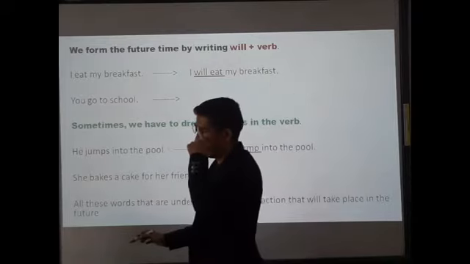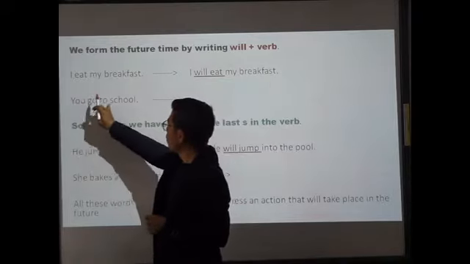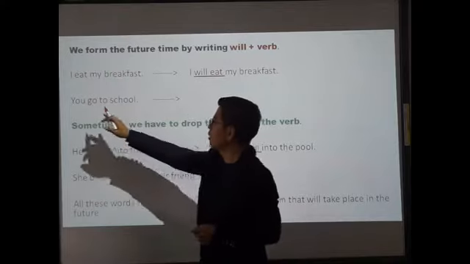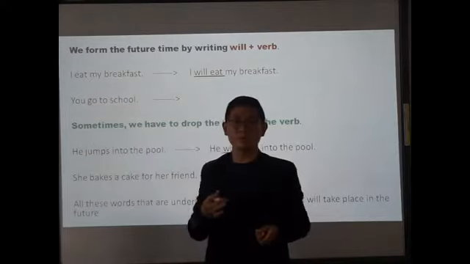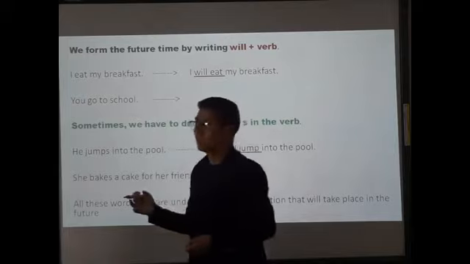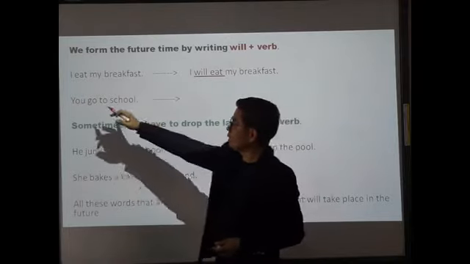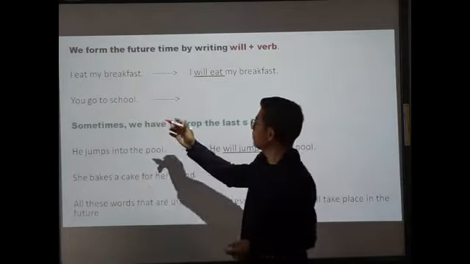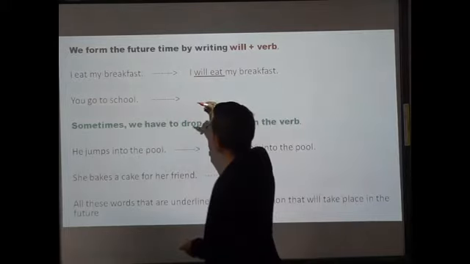Now see here in the second: you go to school, which is in present. You go to school, or we go to school, or I go to school, isn't it? Now if you want to make this in future time, how do you write?